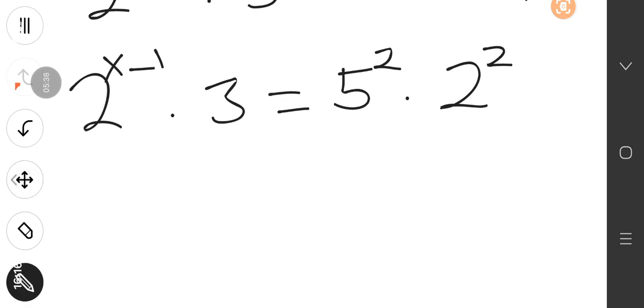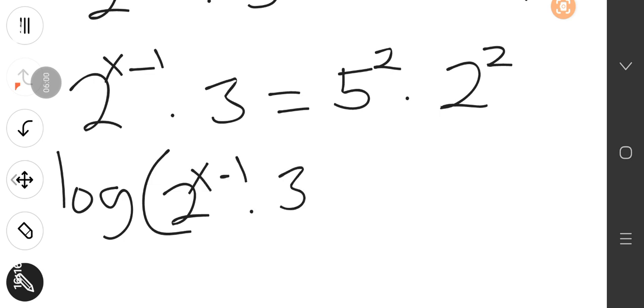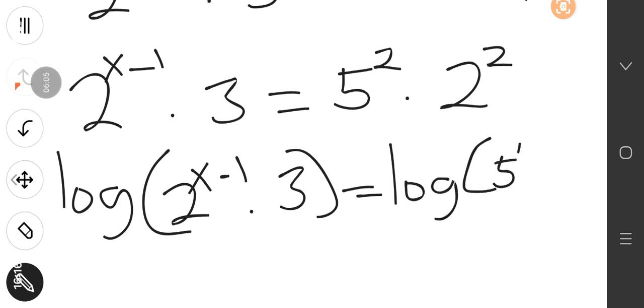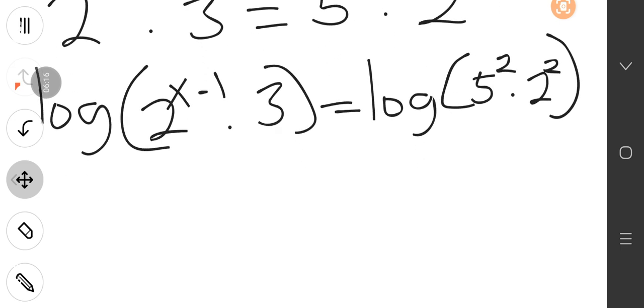Now here we are going to introduce the product rule, or the product law of logarithm. So let's introduce log. Here is 2 exponent x minus 1 multiplying 3, and this is 5 exponent 2. Let's quote the product rule.